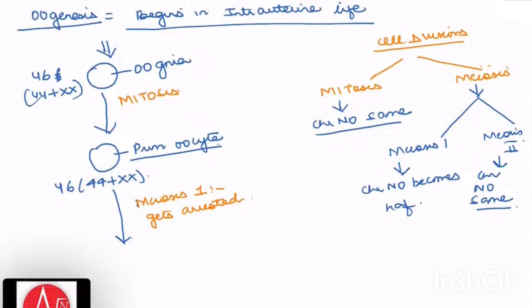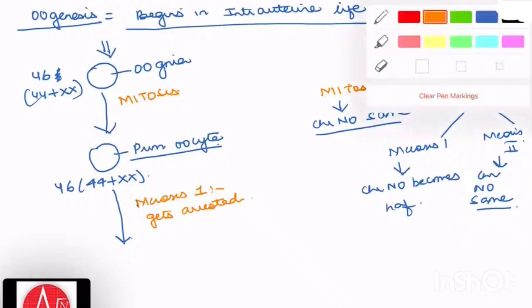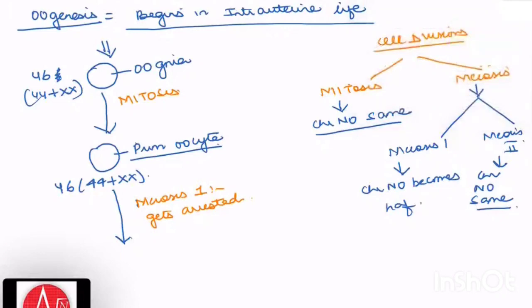And primary oocyte ने बदलना था secondary oocyte में, but then it is not getting able to convert. And now this primary oocyte is going to remain in arrested state. This arrest will be over at puberty. So this arrest gets over at puberty.